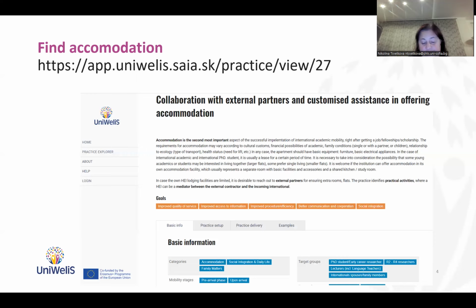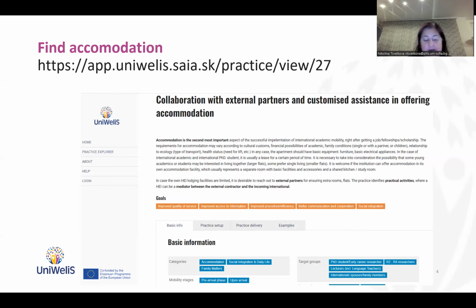The academic may be single or may be accompanied by a partner or even by their children. It is also dependent on relationship to ecology, for example, what type of transport is needed to reach this particular accommodation. It is dependent on the academic's health status, such as need for a lift, and so on.